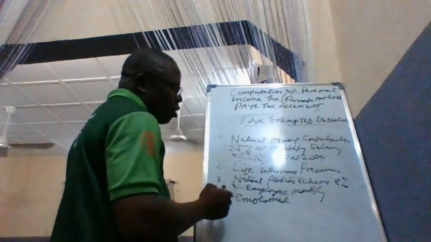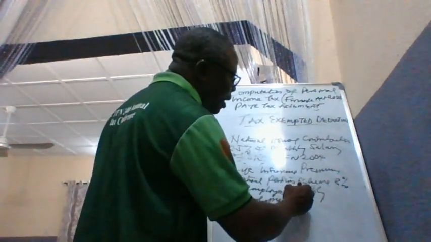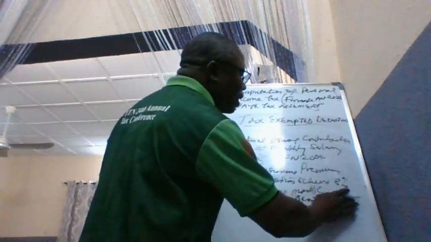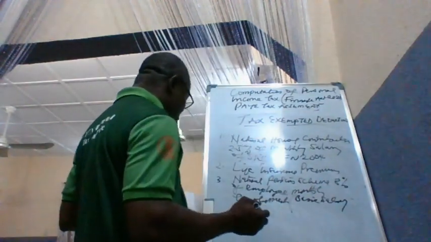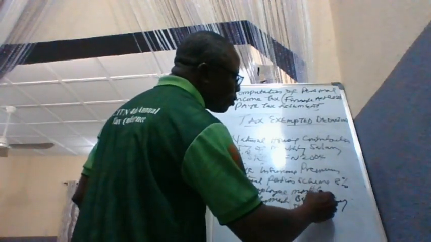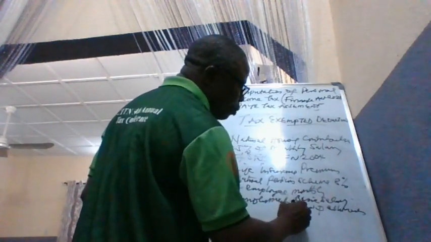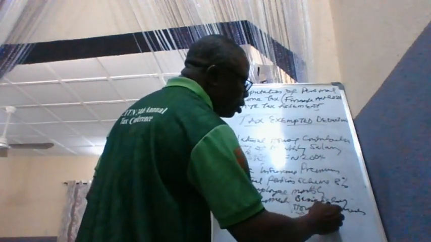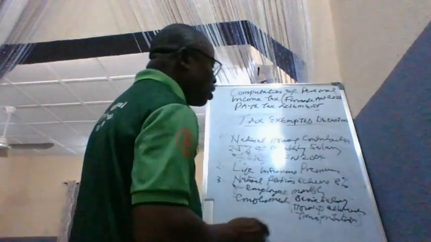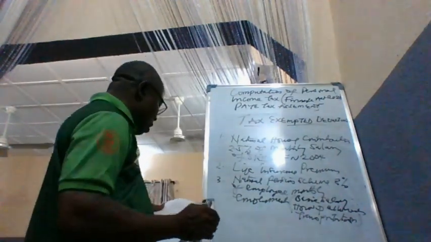What constitutes a monthly emolument is, number one, the basic salary of the staff; two, the housing allowance; and number three, the transportation allowance. These are put together to calculate 8% and should be paid to the pension scheme.